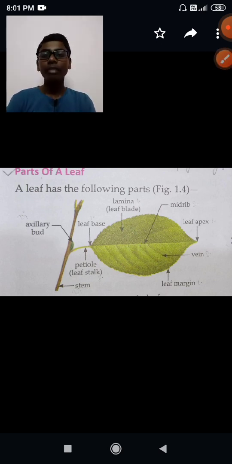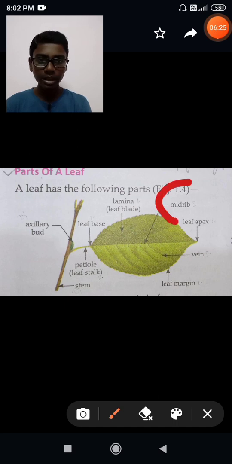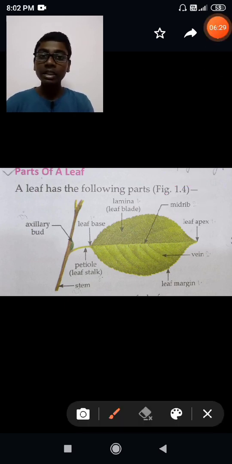Now we have come across two things in the parts of a leaf, one is the petiole, another is the lamina or the leaf blade. Now the last and the third part is the midrib. Okay, now what is a midrib? Over here you can find this one to be the midrib. Now what is the definition of midrib?